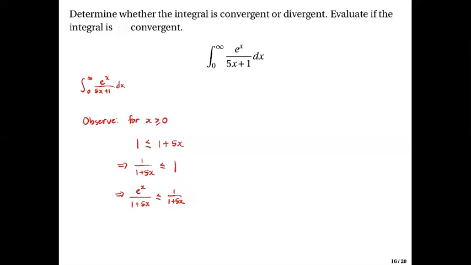And if we integrate this over the interval 0 to plus infinity, we'll get infinity, which means the integral of this from 0 to plus infinity is divergent. But we cannot conclude anything for this.